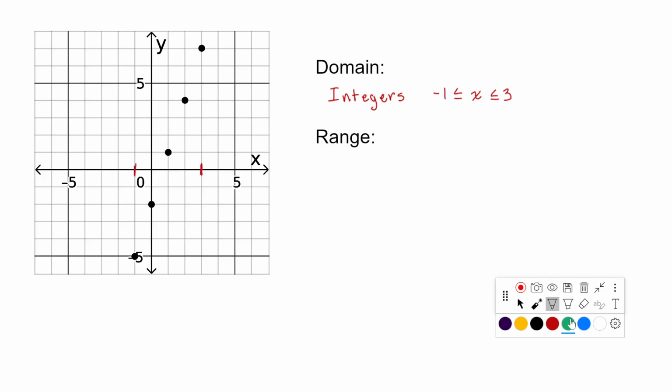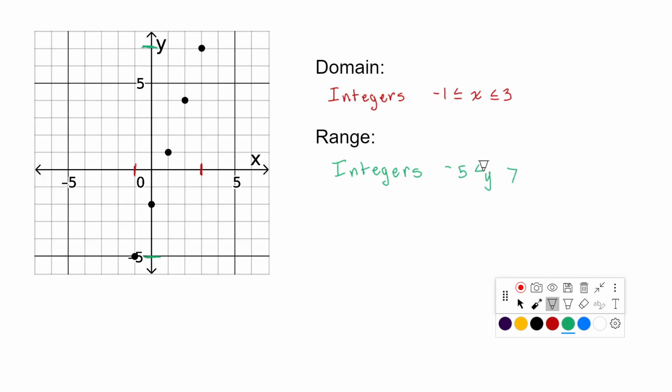Now we're going to do something similar with the range. I'm going to identify my lowest value and my highest value. Again, these are going to be integers. The lowest value is -5. The largest value is 7, but range is the y value.